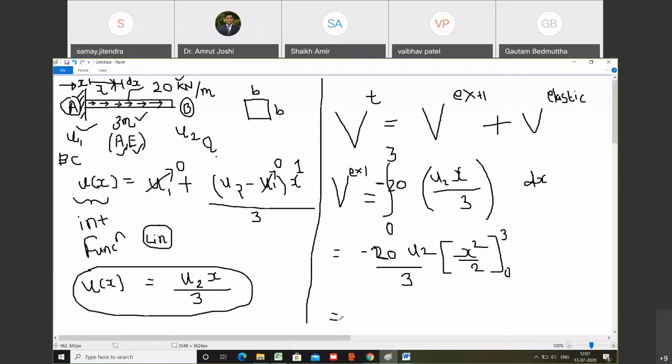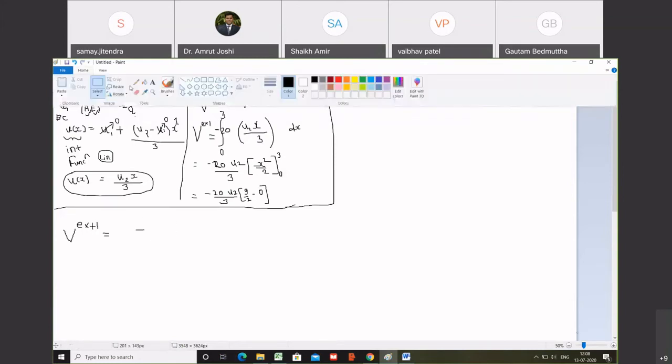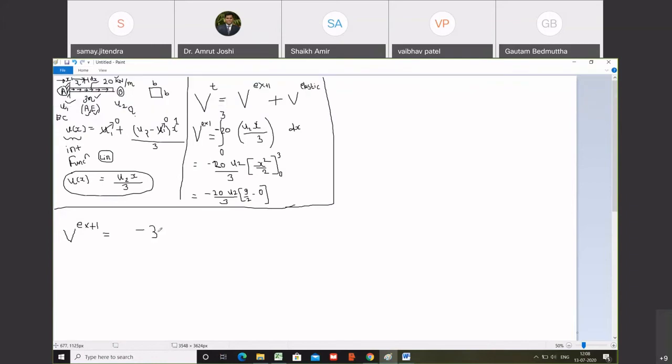So this is minus 20 into U2 by 3 into 9 by 2 minus 0, which is minus 30 into U2. This is V external.